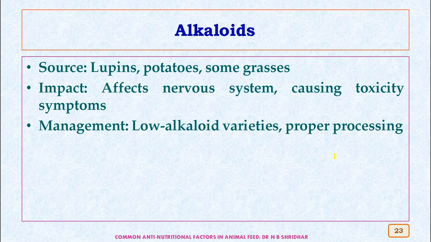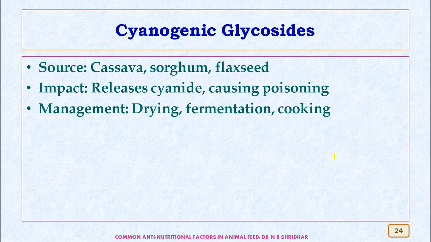And suddenly we should not change the feed of the animal thinking that it may give more and more milk. That's not the correct factor. So the management, especially low alkaloid substances, need to be administered.